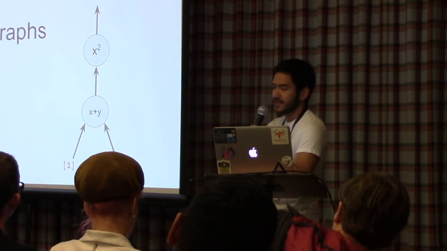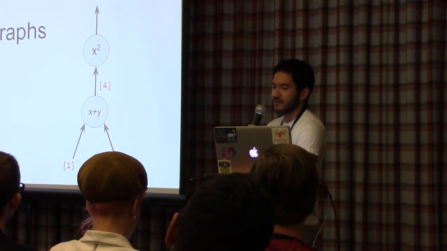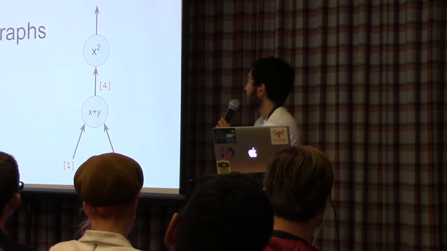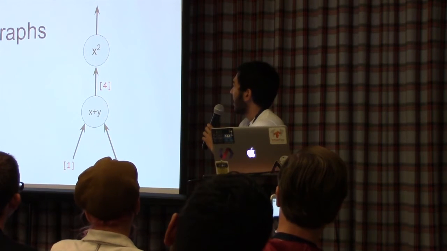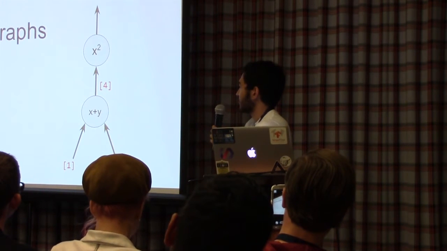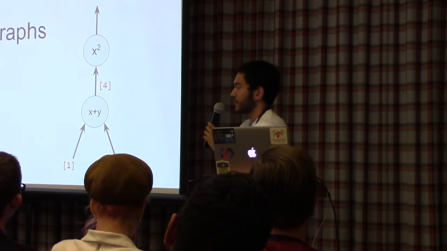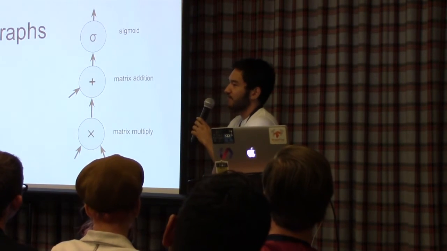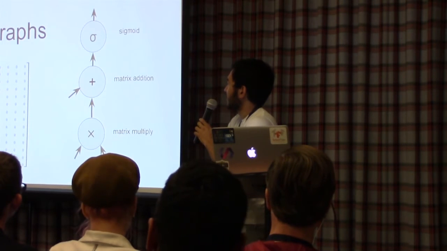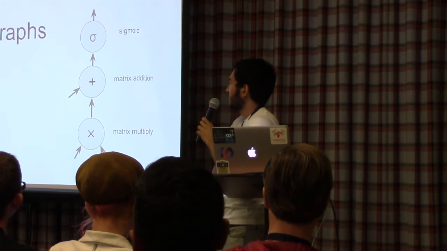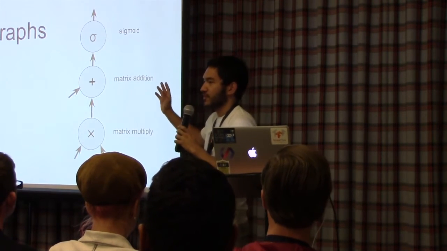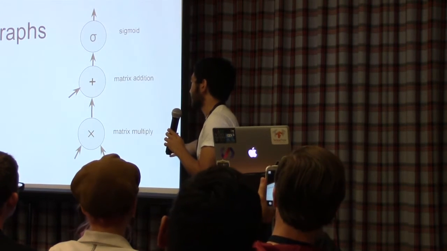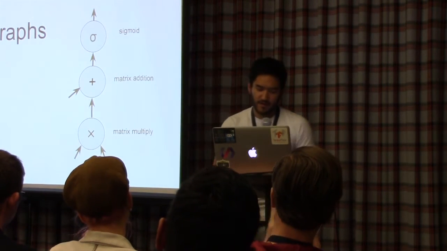We can just feed in some numbers and pass them through the system, and we'll get our result. The nice thing about this is we could use it for a lot more than just addition and simple arithmetic. We could also use it for matrix multiplication, matrix or vector addition, and sigmoid functions, which is to say that all of the pieces of neural networks we're going to get in this computational graph framework.